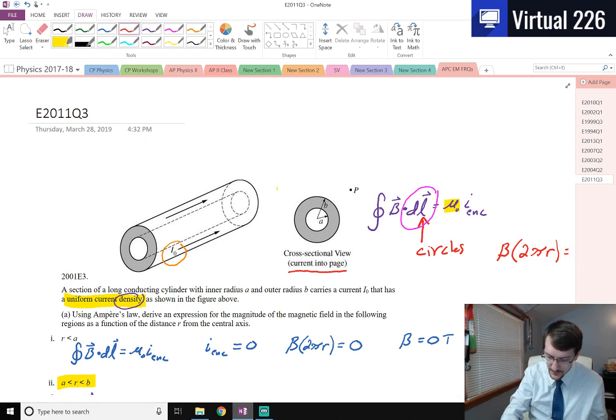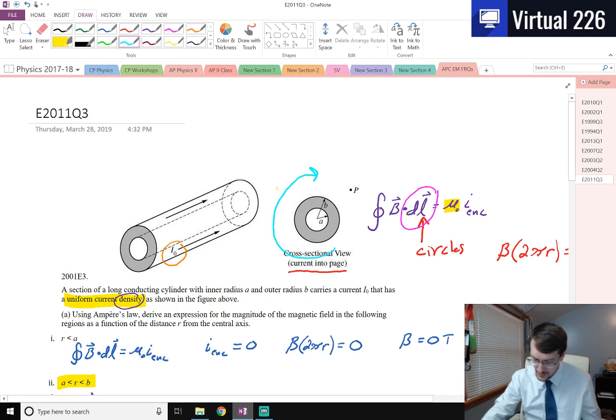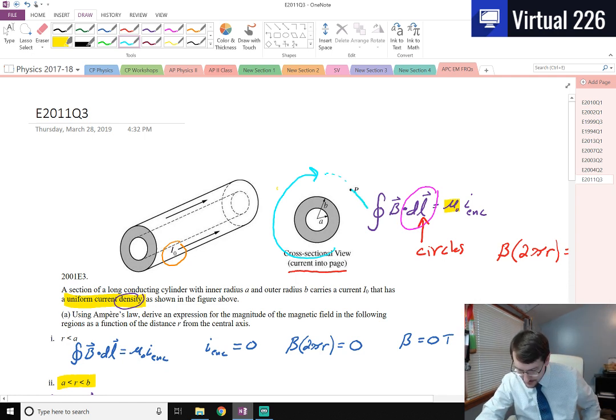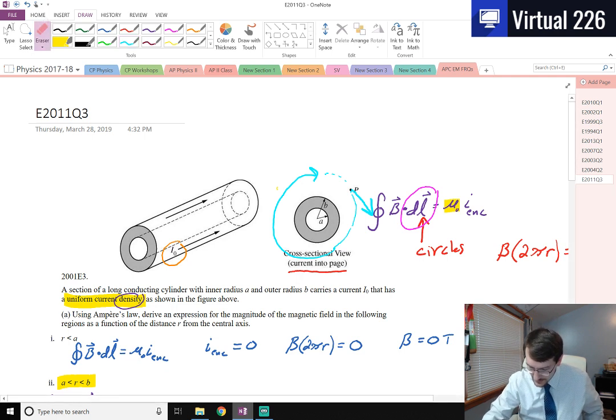So I know that my B field is traveling around in a circular path like this, which means that when I get to point P, my B field is going to be tangential to that going down because it's going to be continuing that circle. So what we see for point P right there is just the arrow we have right here going down and to the right.